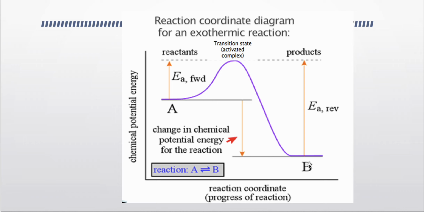And so if we had to predict the rate of the forward reaction versus the backwards reaction, the forward reaction is probably going to be faster overall compared to that reverse reaction.